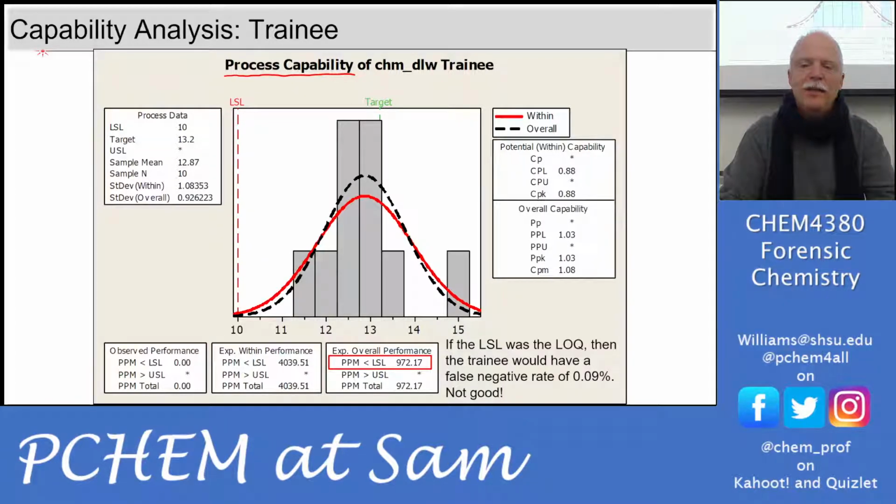We were analyzing cocaine, and for this process capability, we need some specification limit. So let's just say that at 10% cocaine, below this is no charge, right?